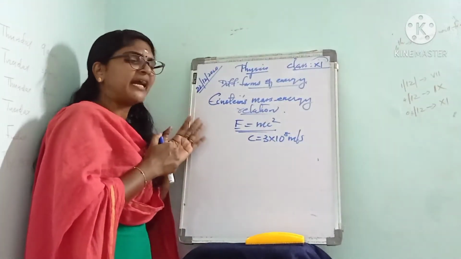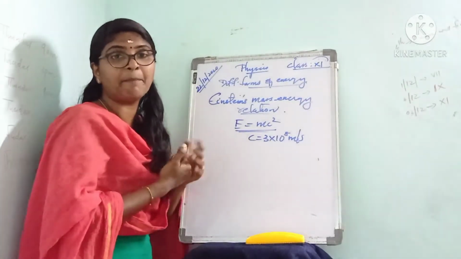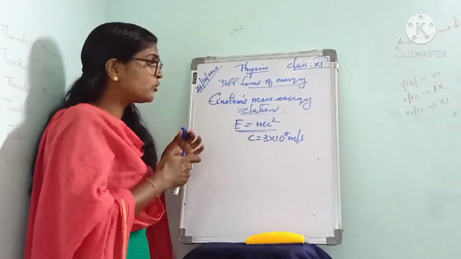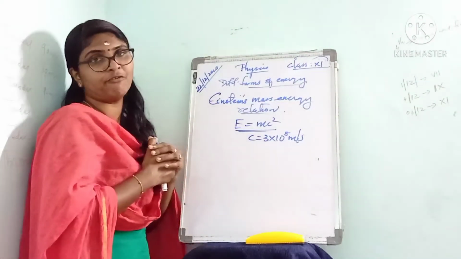If the mass of an object disappears, an equivalent amount of energy, E equal to mc square, appears in some form.